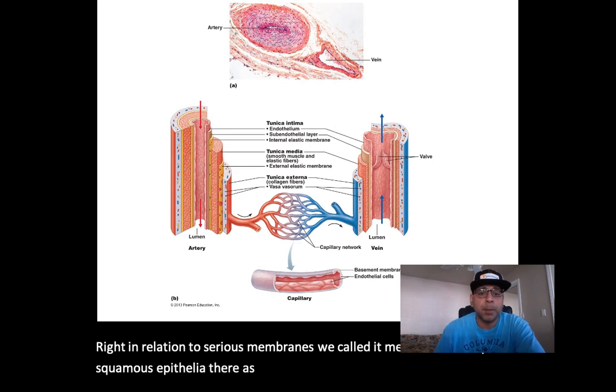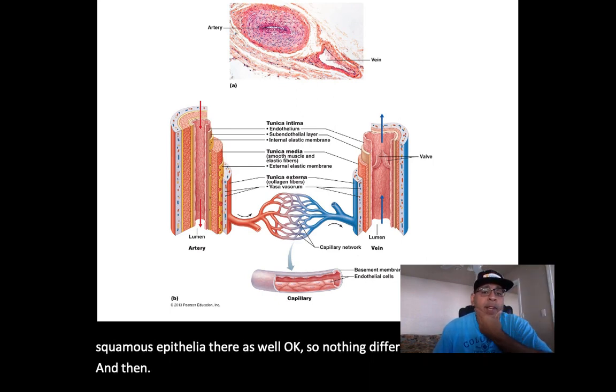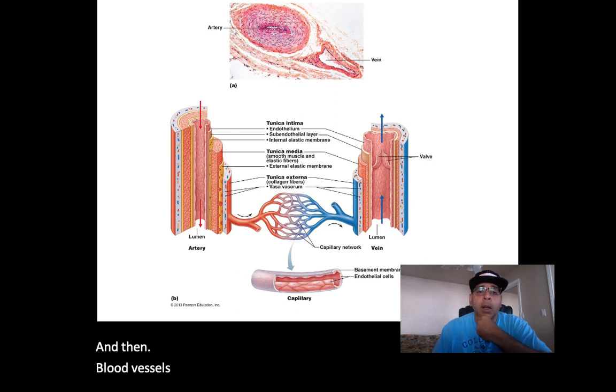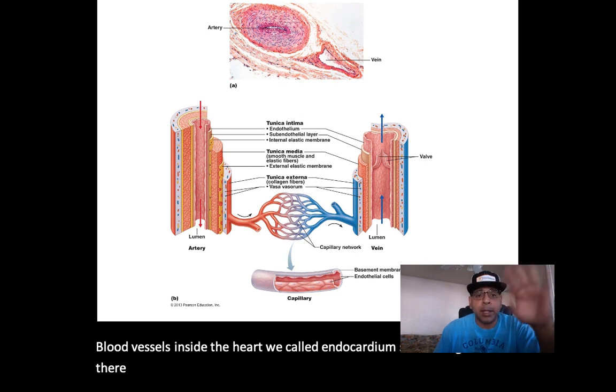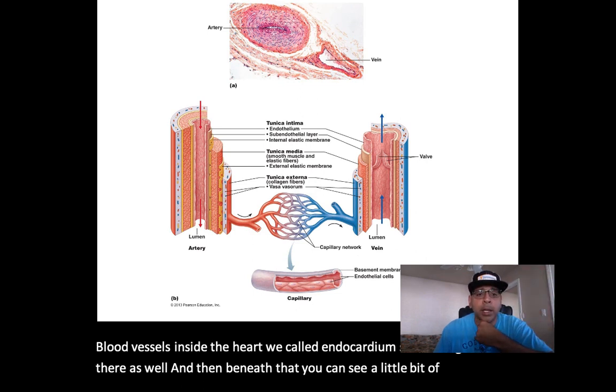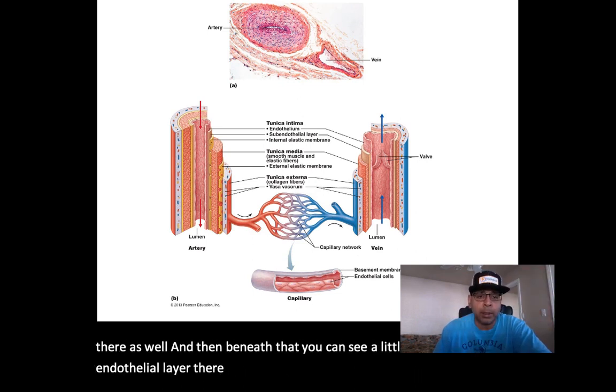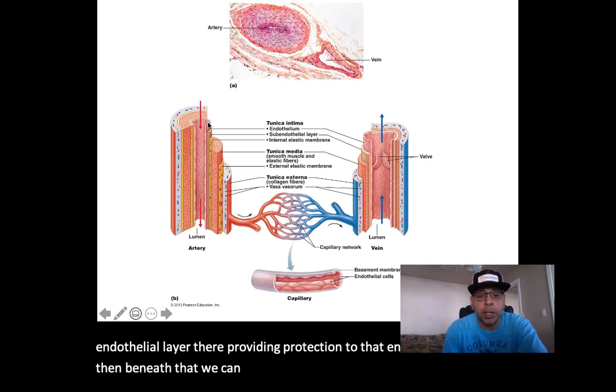So nothing different. And then for blood vessels inside the heart, we call it endocardium. Same thing we have there as well. And then beneath that, you can see a little bit of a subendothelial layer, providing protection to that endothelium there. And then beneath that, we move into the internal elastic membrane.